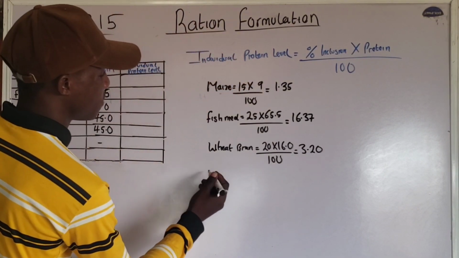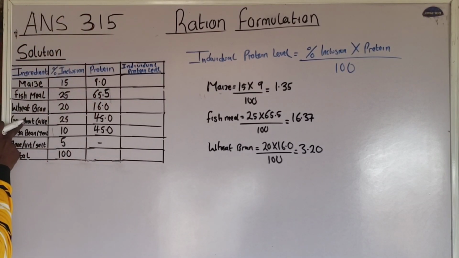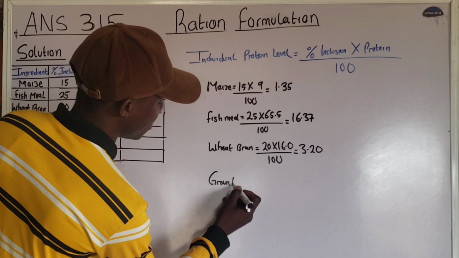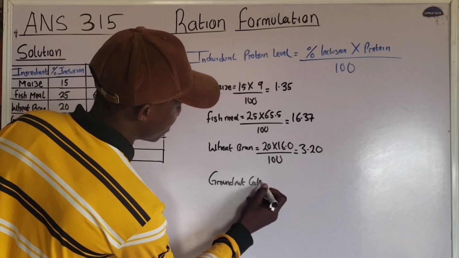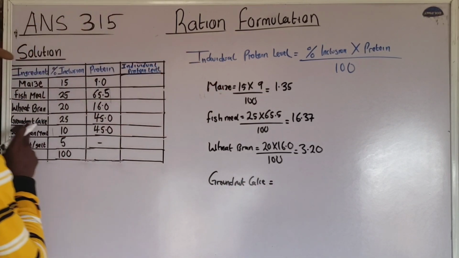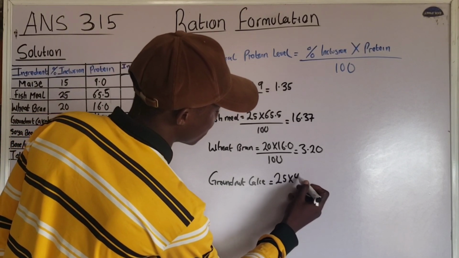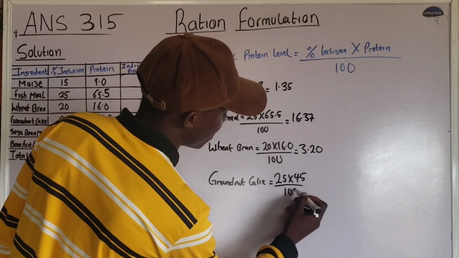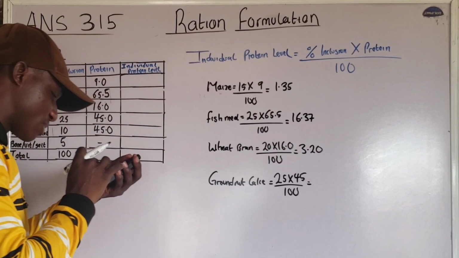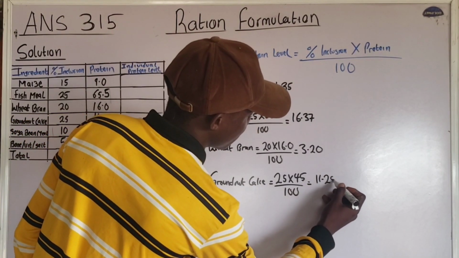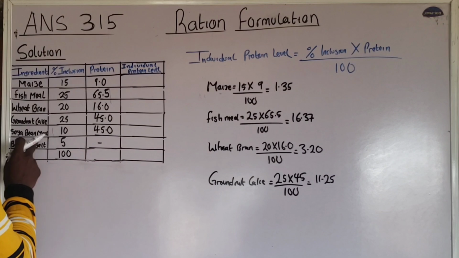Okay, now let's proceed. The next ingredient is groundnut cake. So for groundnut cake, we have 25 multiplied by 45, all over 100. 25 times 45 divided by 100 is 11.25. Okay, so let's proceed.